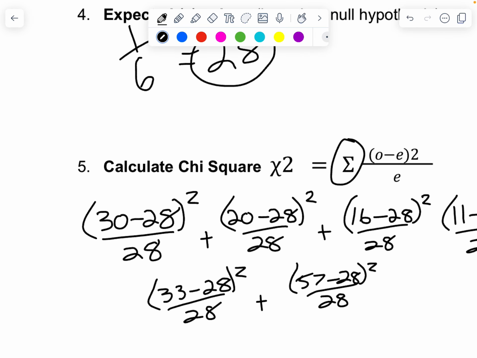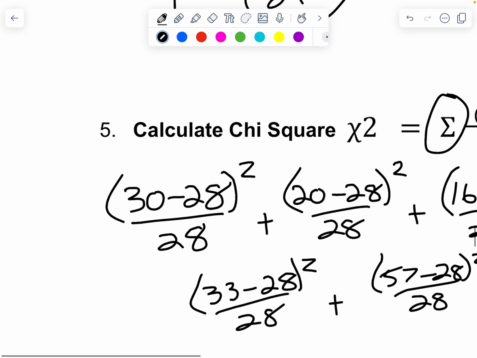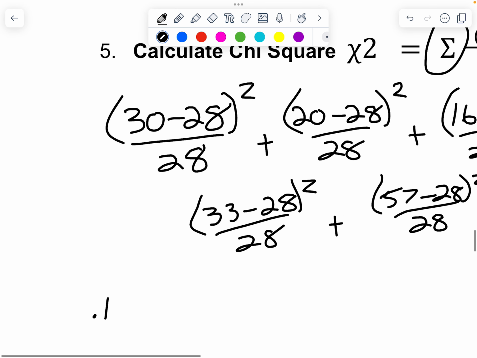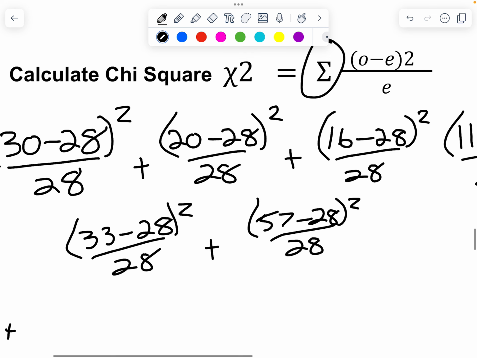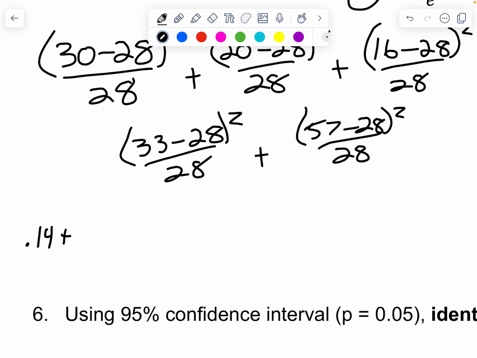So I'm just going to go through these quick. 30 minus 28 is 2. 2 squared is 4. 4 divided by 28 is 0.14. 20 minus 28 is 8. 8 squared is 64. 64 divided by 28 is 2.3.